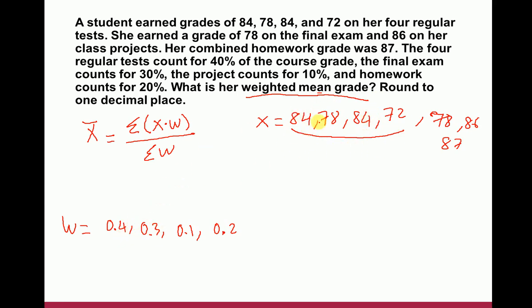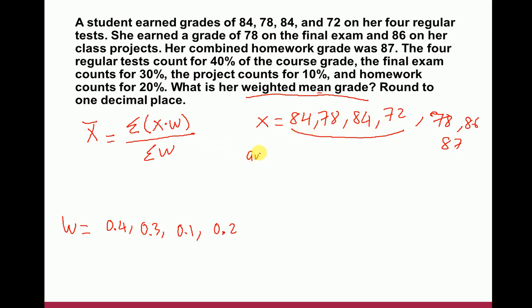So how do we make the 4 scores here go with 40%? Each of these 3 goes with one value for the weight here, but now we have 4 of them, and we only want 1 to go with 0.4. So which number do we take? The only way we can do it is to take the average of these 4.